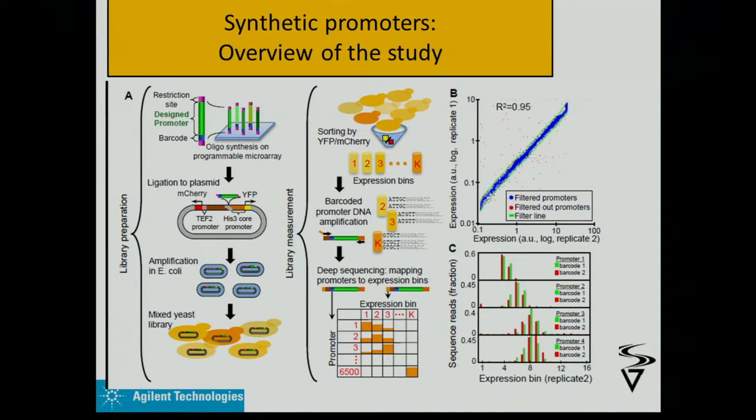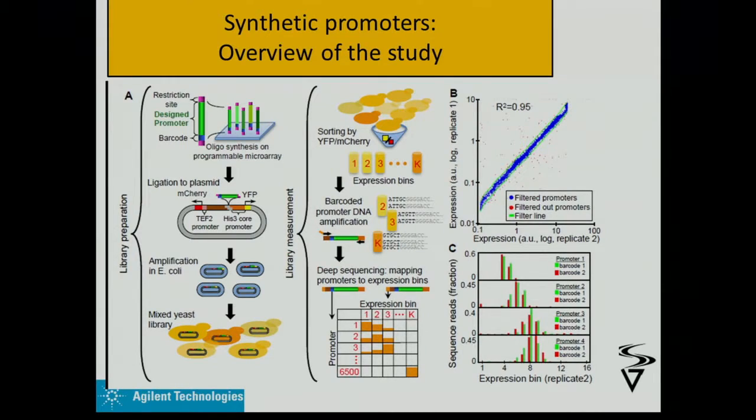Now we have 6,500 different plasmids. Every one is driving a YFP from a different sequence that's sitting on the promoter region. Okay, and I want to know which one of them does that better. In which one of them did I manage to not get any transcription at all? Which one of them did I manage to get more transcription than the wild type, for example?